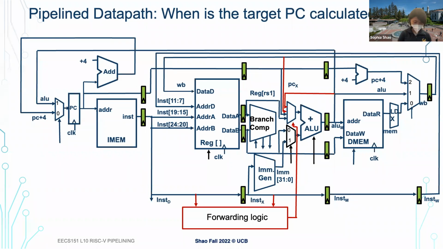We have instruction fetch, instruction decode, execute, memory, and write back. So in this pipeline, when is the target program counter calculated? When do we know we have a branch instruction? Where are we jumping?